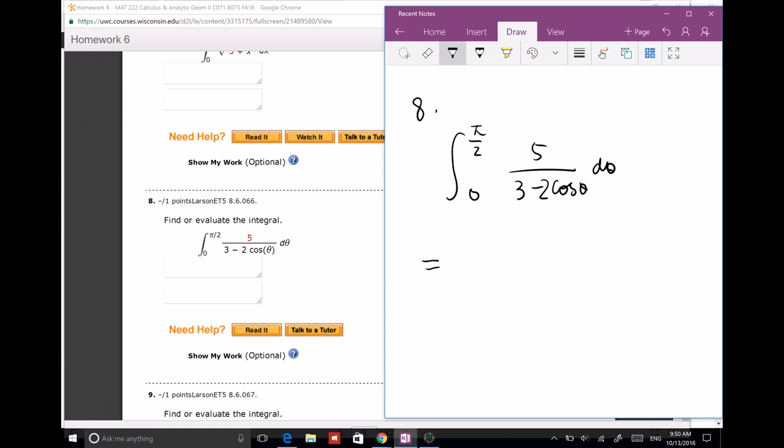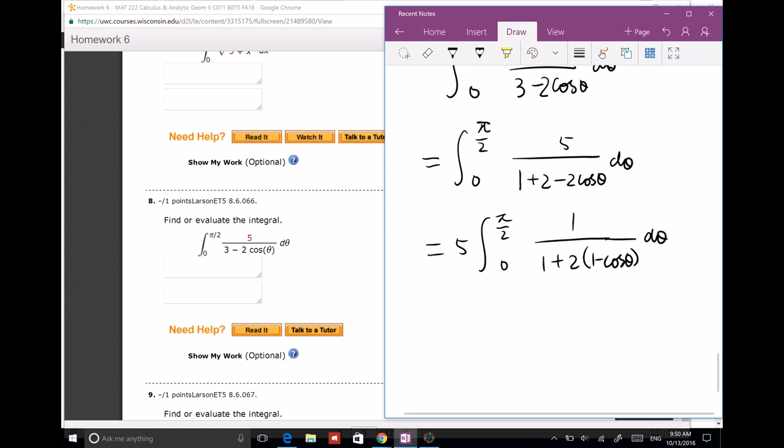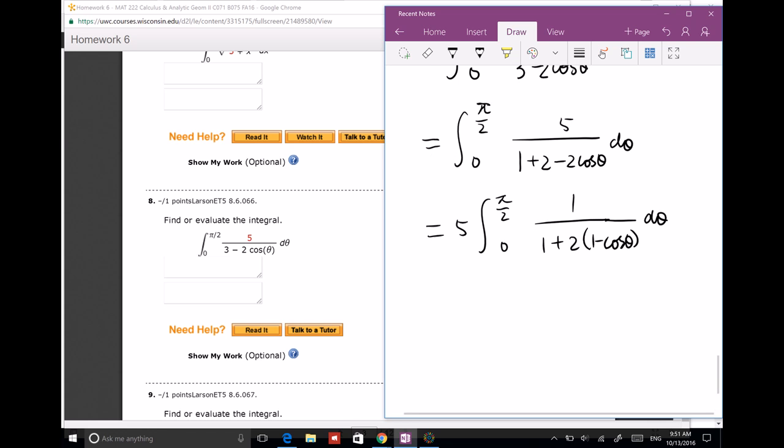What you need to do is write the denominator as 1 plus 2 minus 2 cosine theta, with the 5 in front, so it's 0 to pi over 2 of 1 over 1 plus 2 times (1 minus cosine theta) d theta. Previously we used the power reduction formula to reduce power, but now we don't reduce the power.